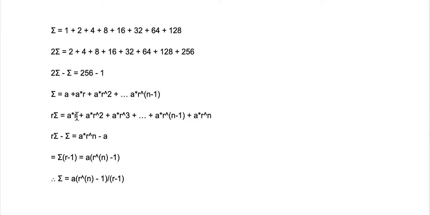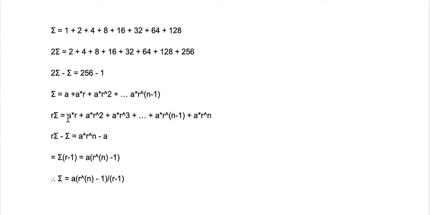How many r's can you see in the sequence? 1, there's a second r, third r, fourth r, fifth r. So 5 r's. So if you go to the power of n, at n equals 5, well, you just put in 5, and that's how many r's you use for the 5th number in the sequence.